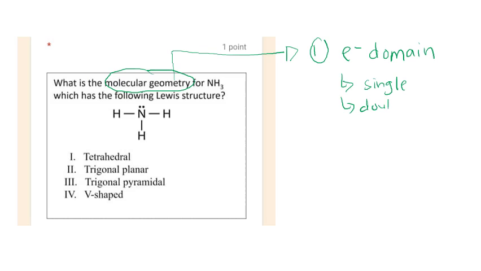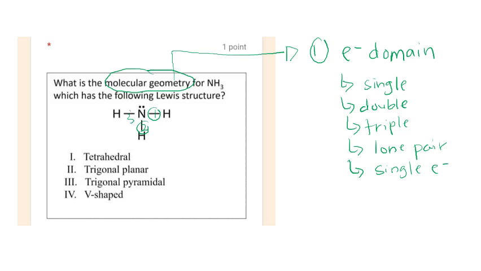Double bond, also 1 electron domain. Triple bond, also 1 electron domain. Lone pair, consider 1 electron domain. And single electron, or unshared electron, also consider 1 electron domain. So based on this Lewis structure, we have 4 electron domains.